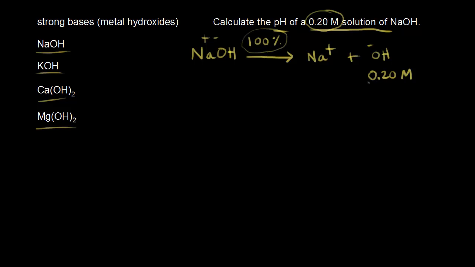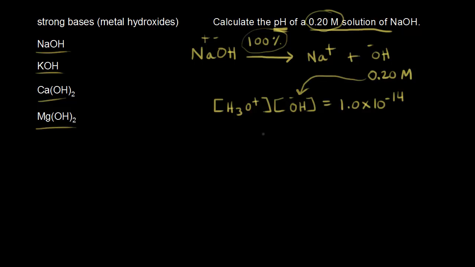So if the concentration of hydroxide ions is 0.2, we need to go for the pH. And so one way to solve this problem is to use this equation. So the concentration of hydronium times the concentration of hydroxide is equal to 1.0 times 10 to the negative 14, from an earlier video.